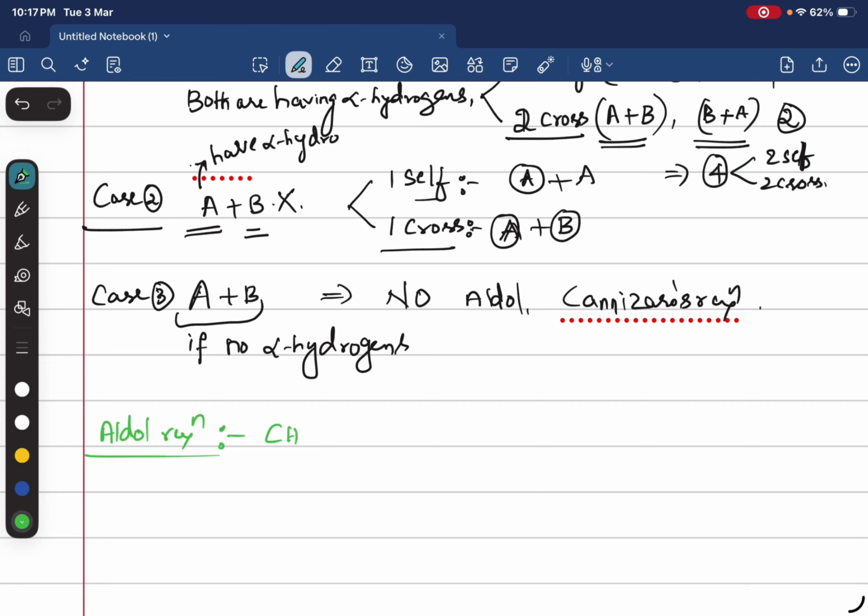Let's take acetaldehyde, which has alpha hydrogen, in the presence of dilute base. Generally they give dilute OH minus or NaOH, and we get this product, an alpha beta unsaturated carbonyl compound.